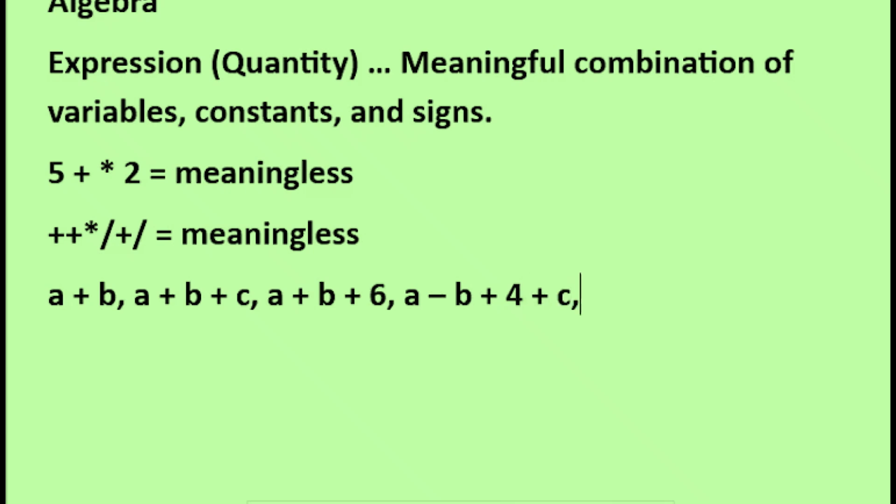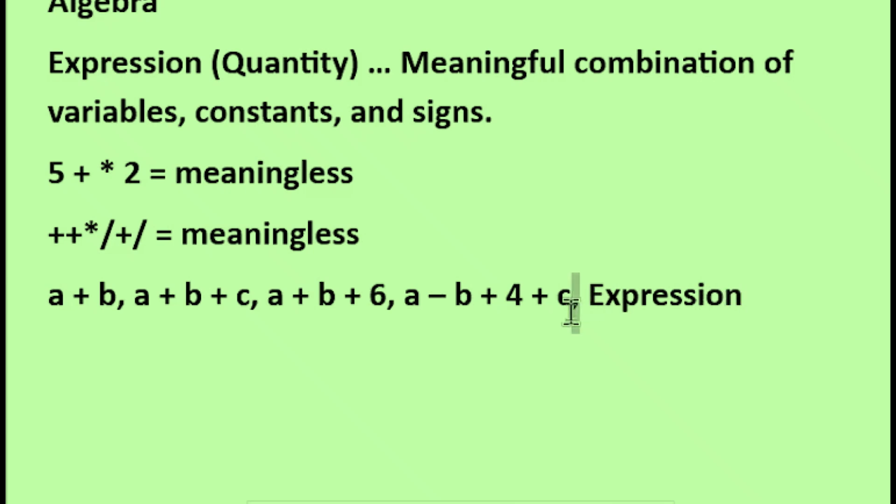This is meaningful. So a meaningful combination of constants and variables: 6 is a constant, 4 is a constant, and a and b are variables. So a meaningful combination, this is called an expression.